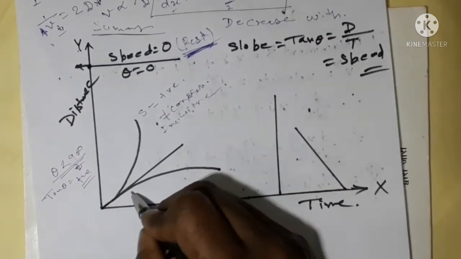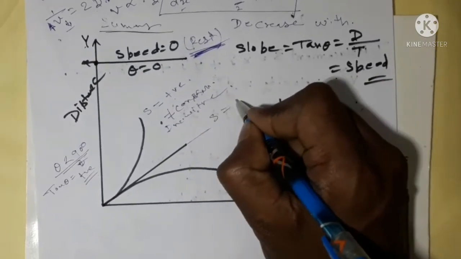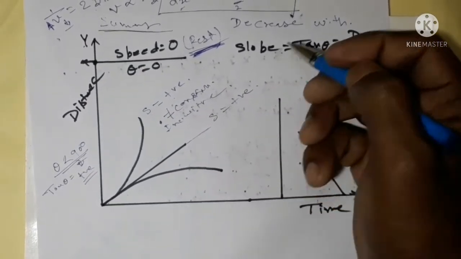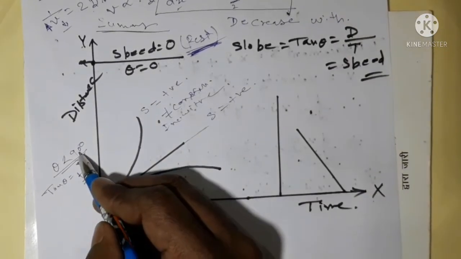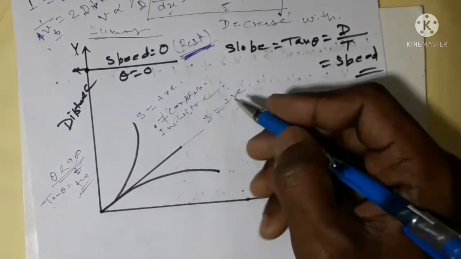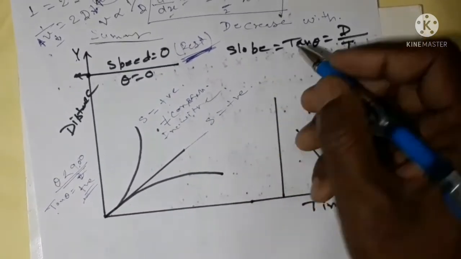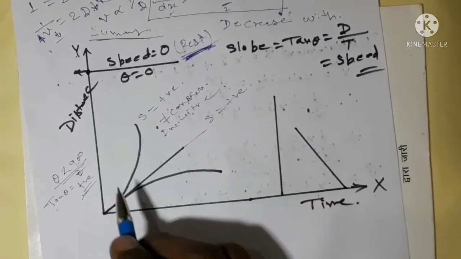Here this is a straight line graph. So speed is positive. How is speed positive? Because the angle is less than 90 degrees and all values of tan theta less than 90 degrees are positive. So speed is positive, and this graph is a straight line, linear, increasing with respect to the same ratio.